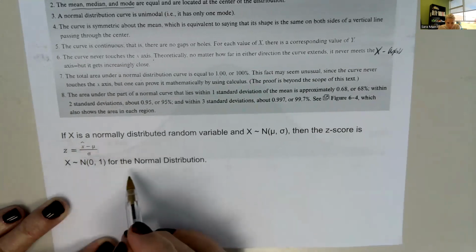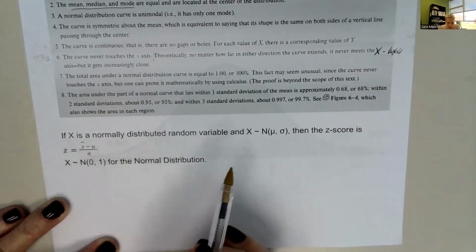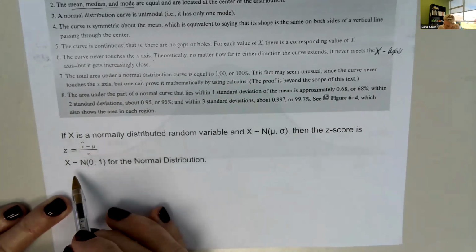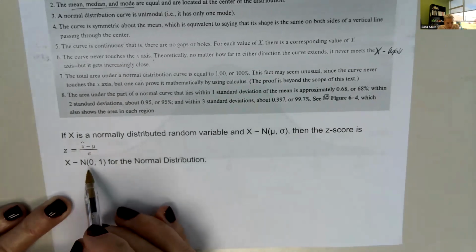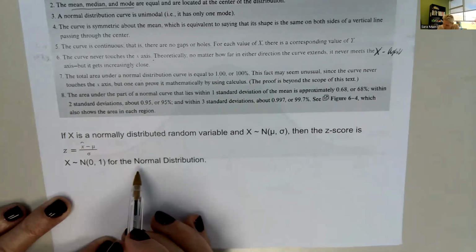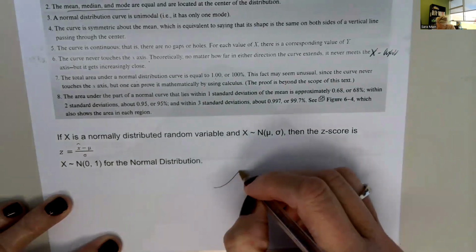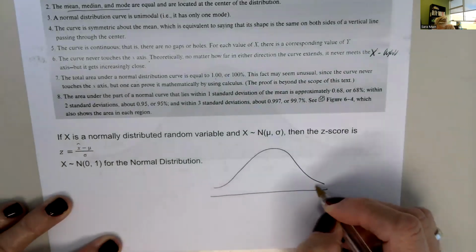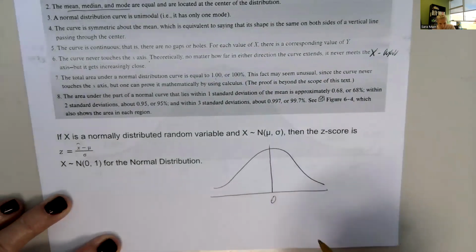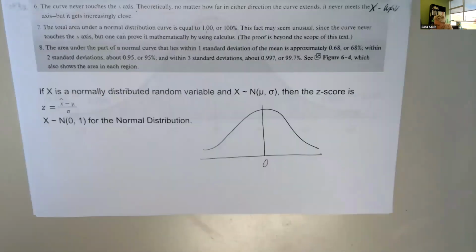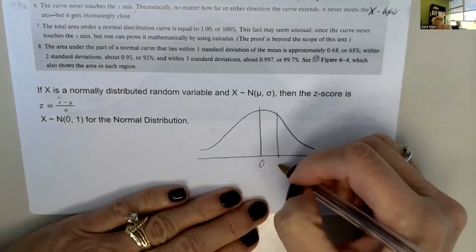And the standard normal distribution has a particular notation, and that's X is normally distributed with 0 and 1. So the standard normal distribution has a mean or center at 0, and its standard deviation is 1.